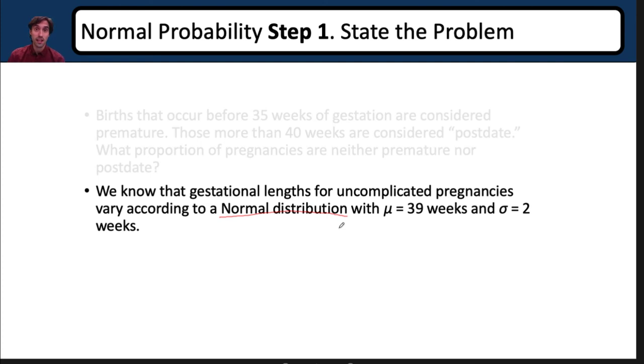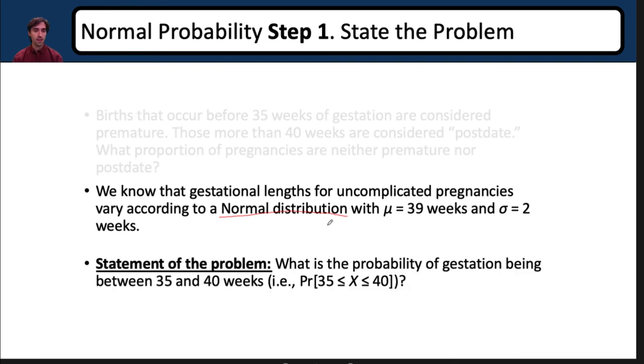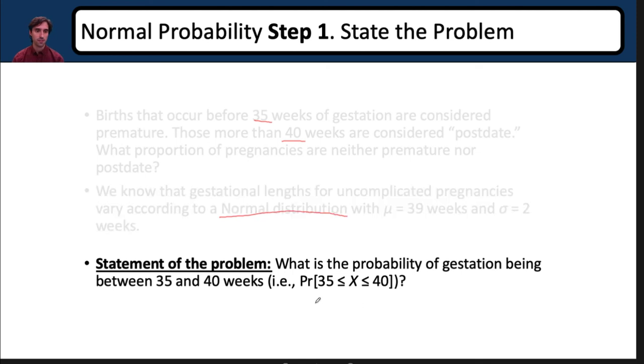We could, but we're assuming it's normal because that's what everything is based on. So we're looking at the probability of gestation being between 35 and 40 weeks. That's really what we wanted to get to. The rest is extra fluff.